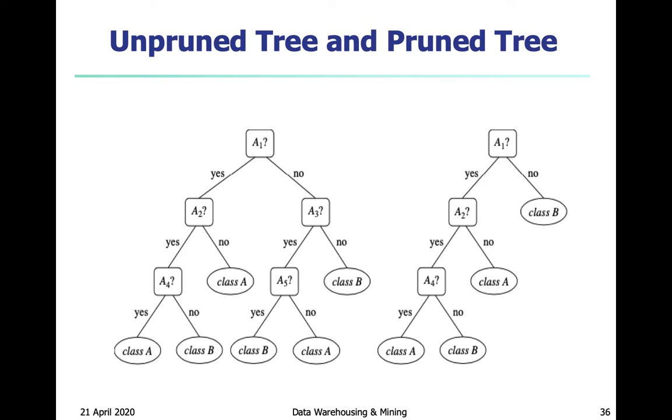The most common class within the subtree is class B. In the pruned version of the tree, the subtree in question is pruned by replacing it with the leaf class B only.